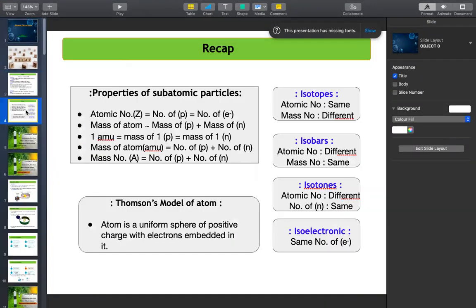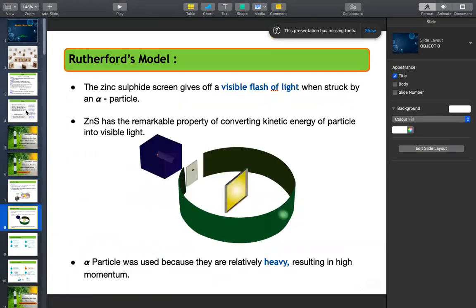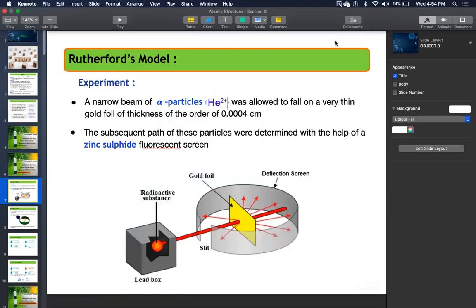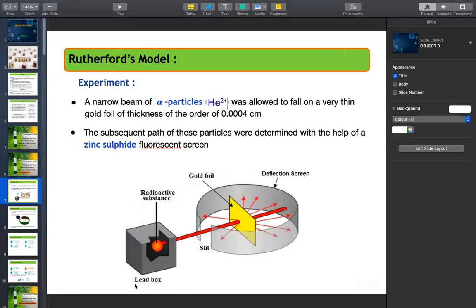Okay, so here we discussed the Thomson model. Now, after the Thomson model, Rutherford did one experiment. This is called the Rutherford alpha scattering experiment. What he did, he took a radioactive source of alpha particles.